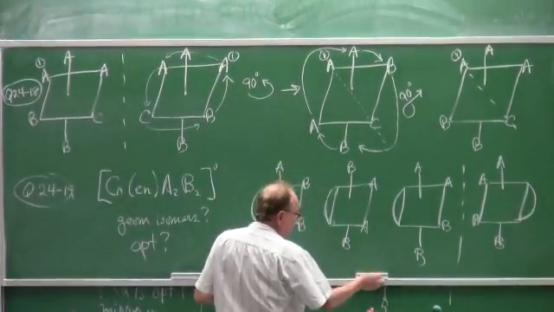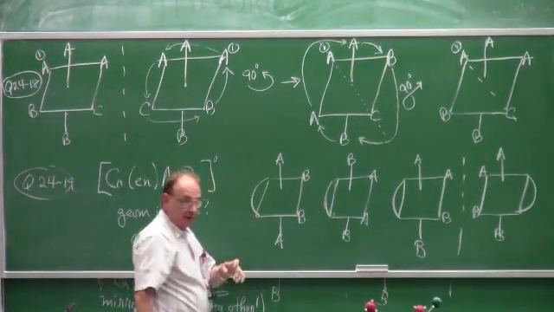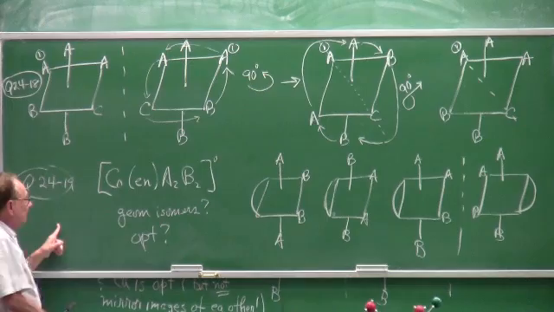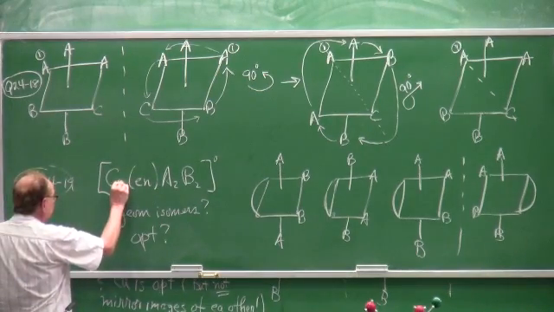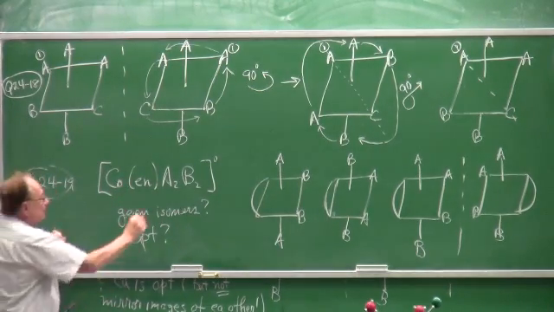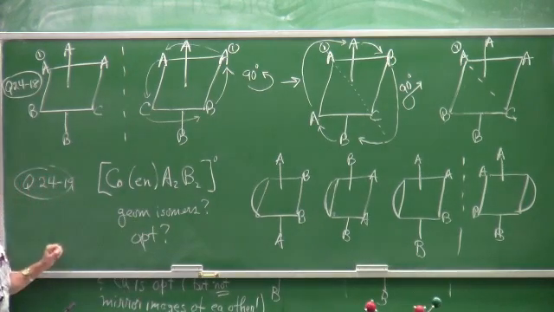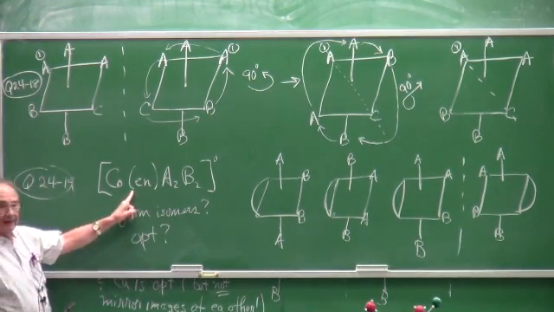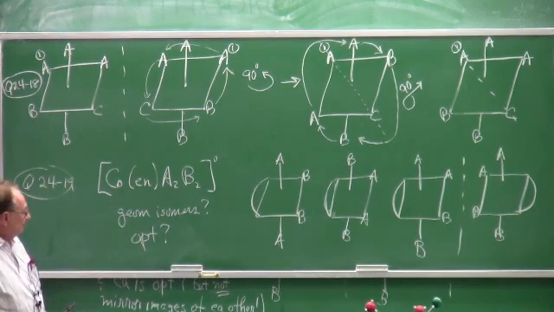Now, the next question is, from the notes, 2419. Here we have a complex composed of 3 different ligands. One is chelating ethylene diamine, bidentate ligand. How many geometric isomers?